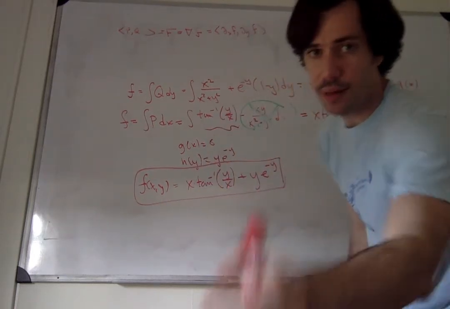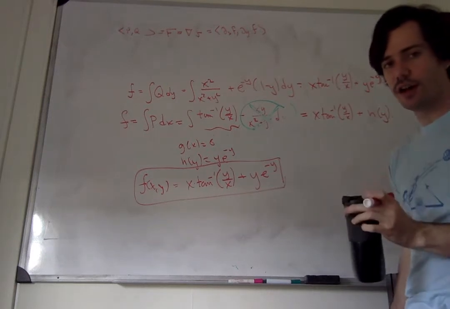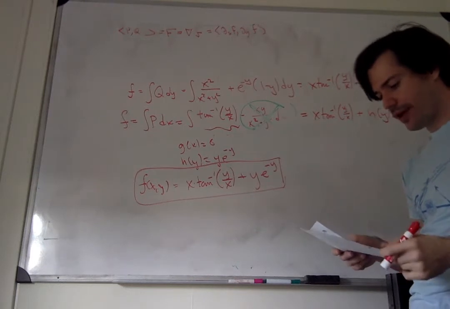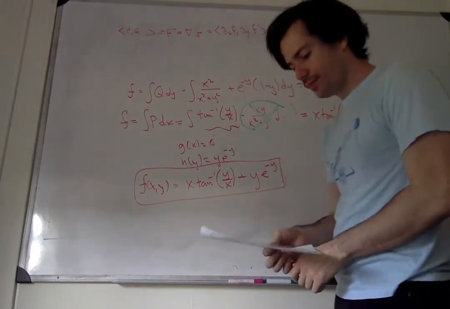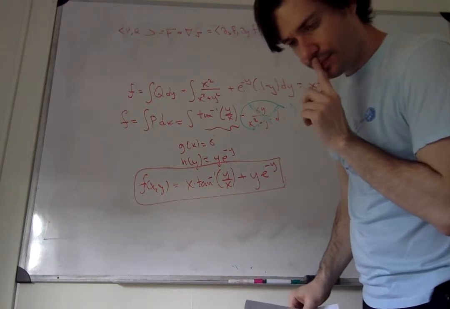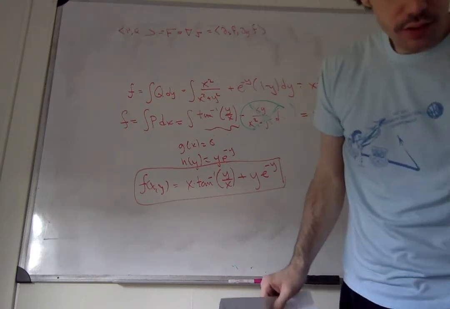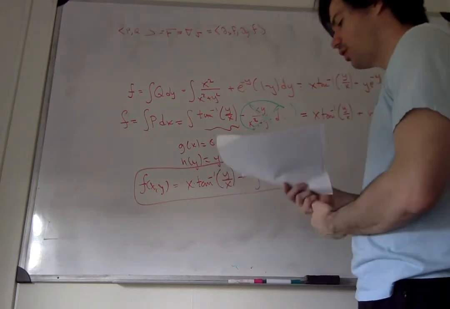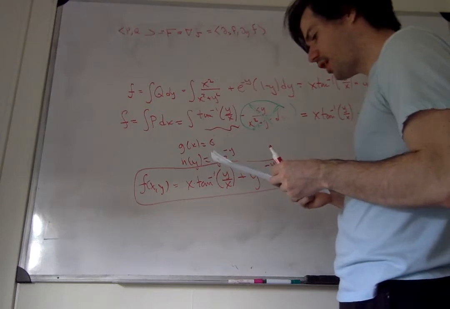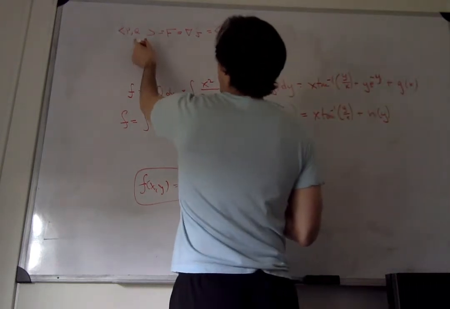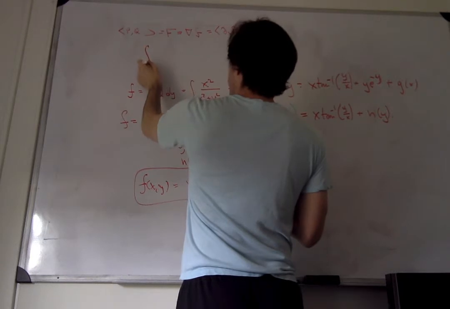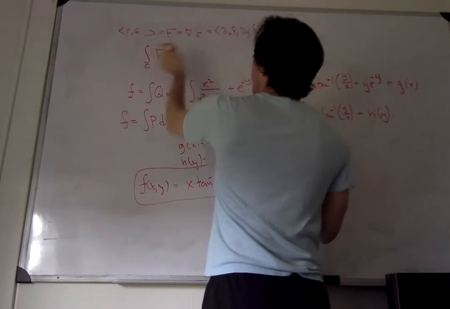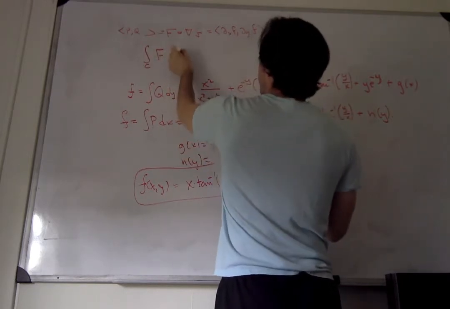Okay, we're still not done with this problem, actually. It's a very long problem. Well, remember, we wanted to compute the integral of F over C, integral of F dot dr, right?